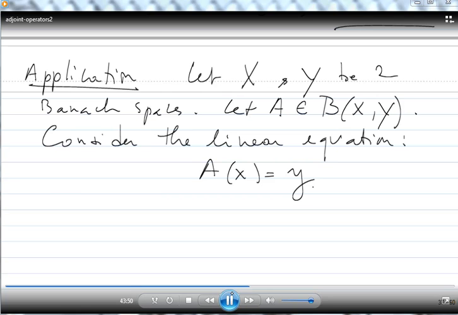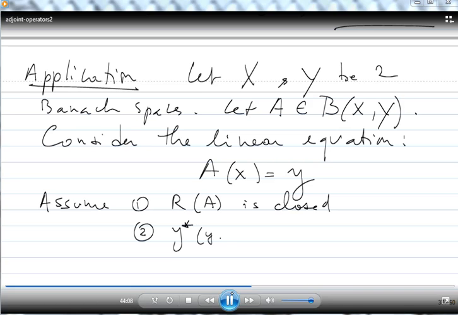Okay, so here let's look at exactly some of the conditions. Number one, assume that R of A is closed. Number two, that Y star of Y is equal to 0 for any Y star in the null space of A star.